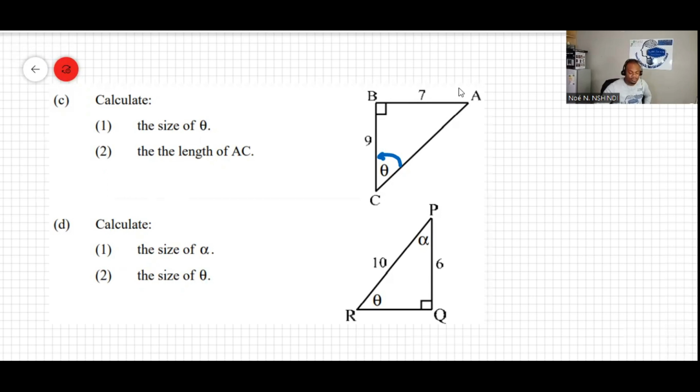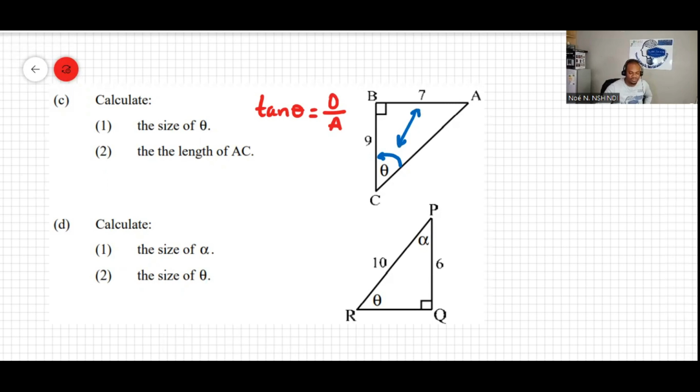The formula I can use here is the tan formula, because I know that tan theta is equal to opposite side over adjacent. In this case, the side opposite to the angle theta is 7, and the adjacent side is 9.